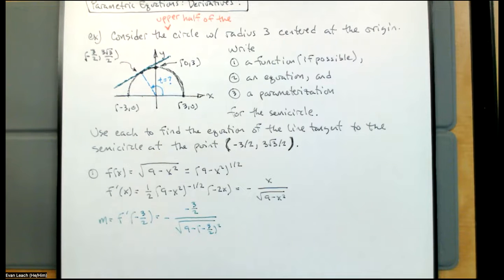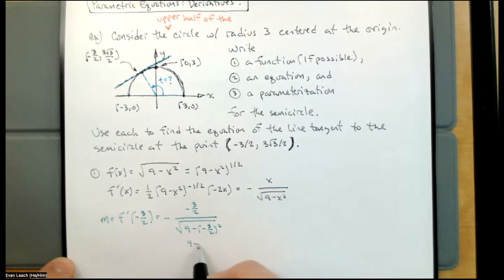Kind of a negative minefield. So on the top, I have the negatives cancel out. So I'll just have 3/2, and I'll have on the bottom 9 minus, let's see, -3/2 squared is 9/4. So down here I'll have 9 minus, the negative gets squared, 9 minus 9/4.